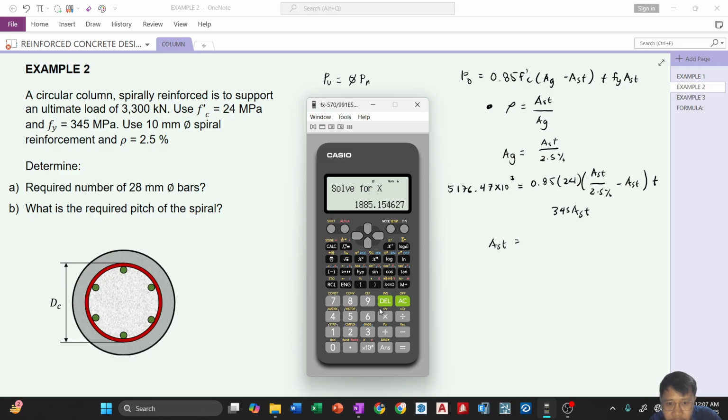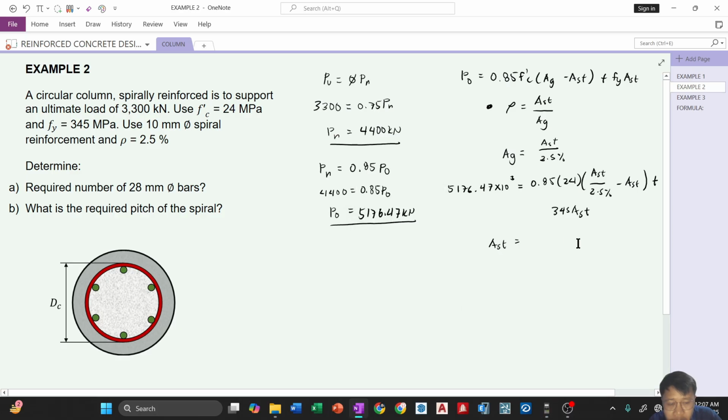We solve for the value of X. We solve 4538.37.